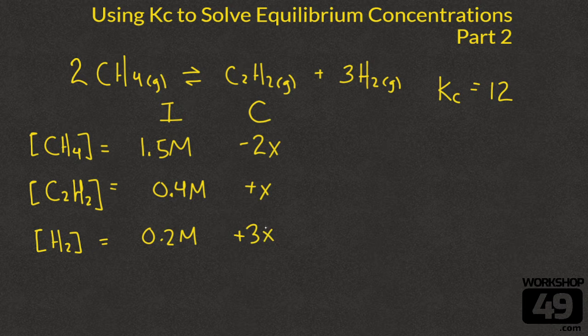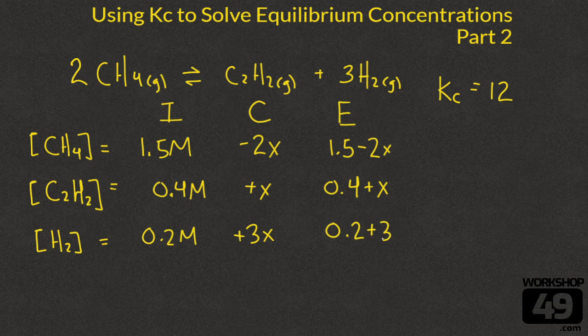So we can say that our equilibrium concentrations, the ice table, initial, change, equilibrium, for the CH4 will be 1.5 minus 2x, and for the C2H2 it will be 0.4 plus x, and for the hydrogen it will be 0.2 plus 3x. And we can create our Kc expression.